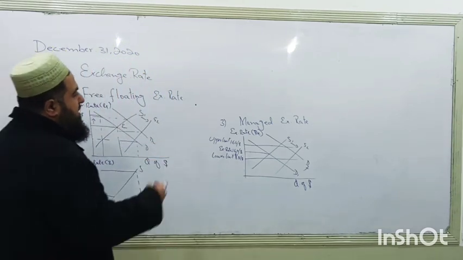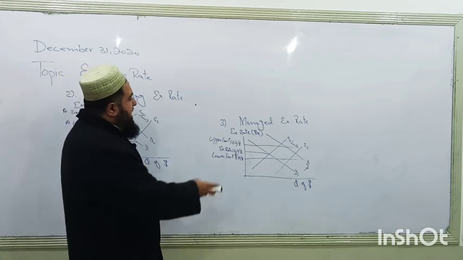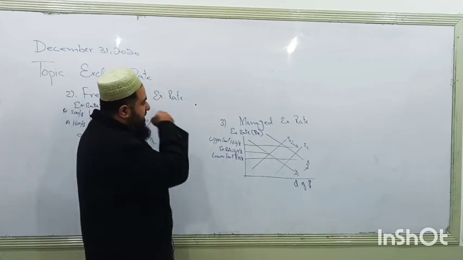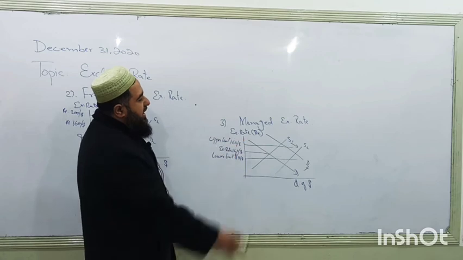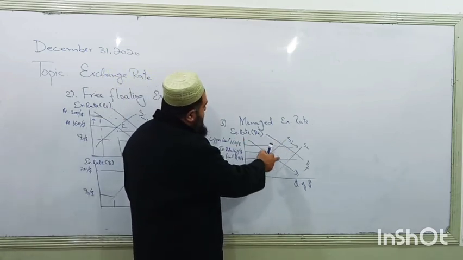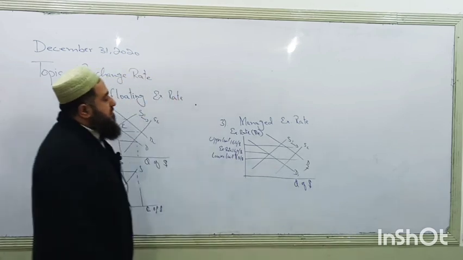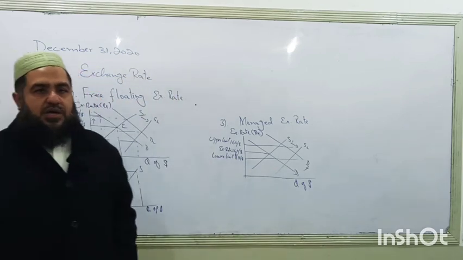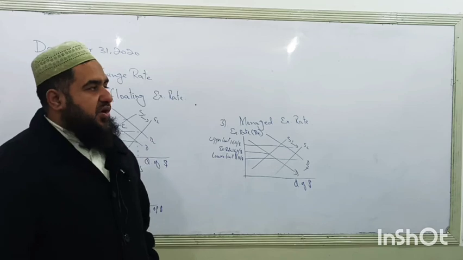So definitely the central bank is increasing the supply, bringing the rate below 165 rupees per dollar, and then again the exchange rate will be coming to the limit set by the central bank. Now it is again close to 160 rupees for each dollar.